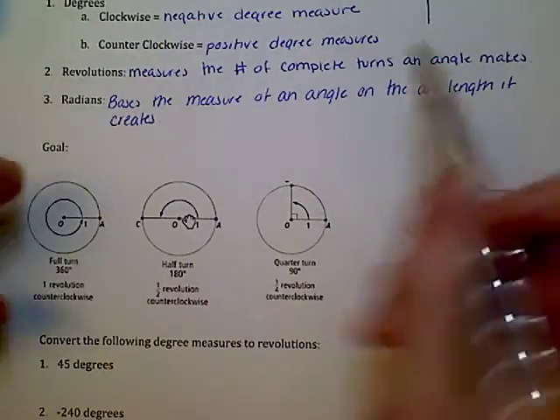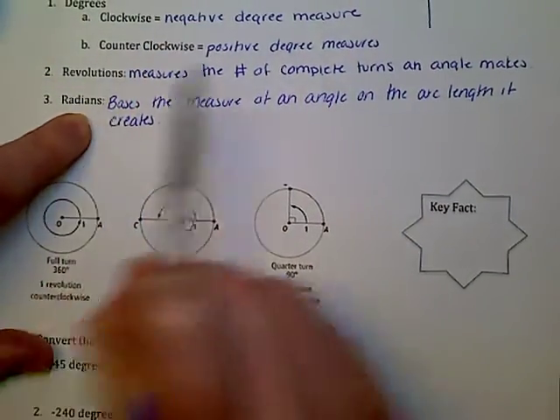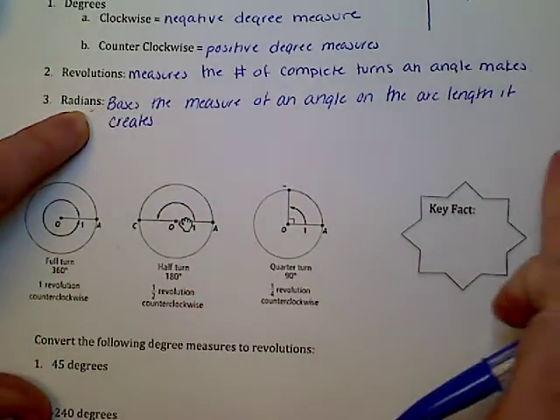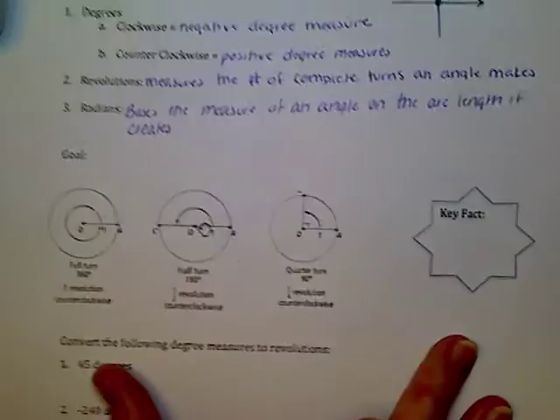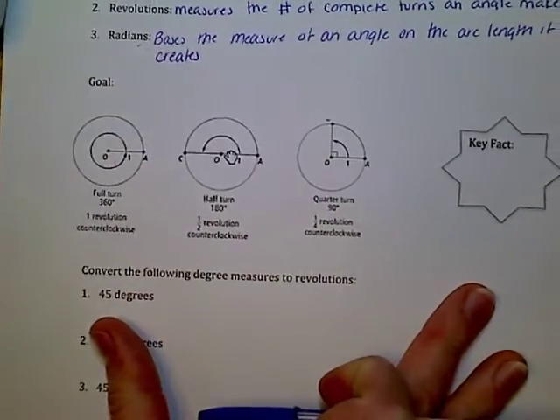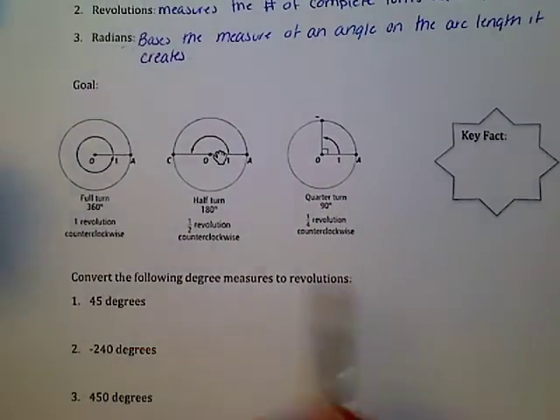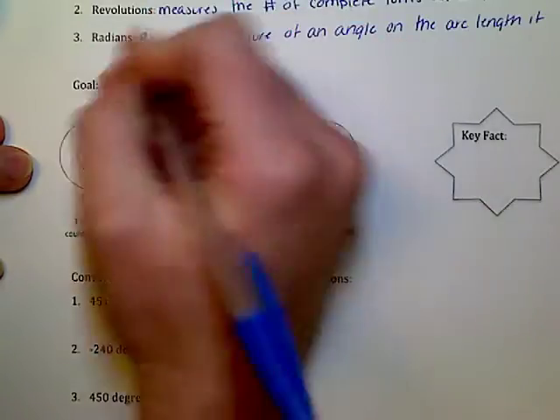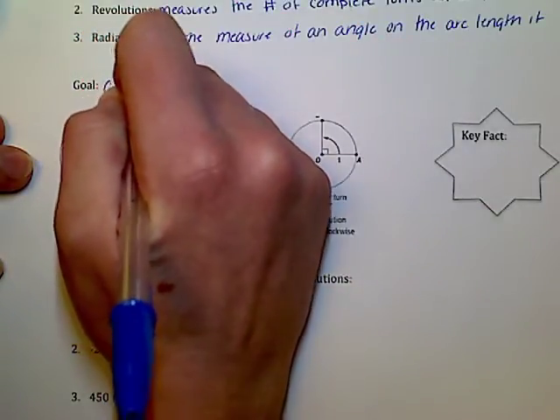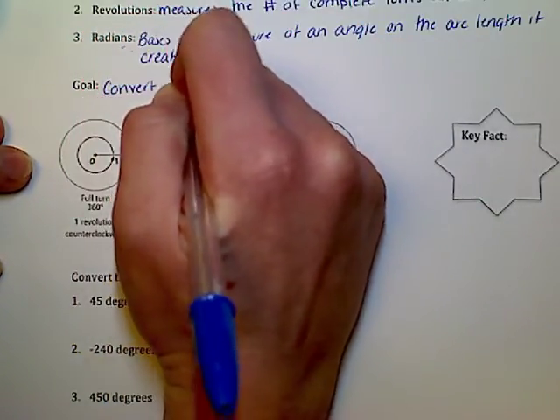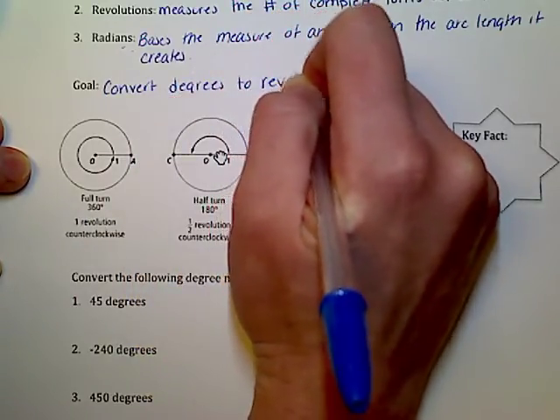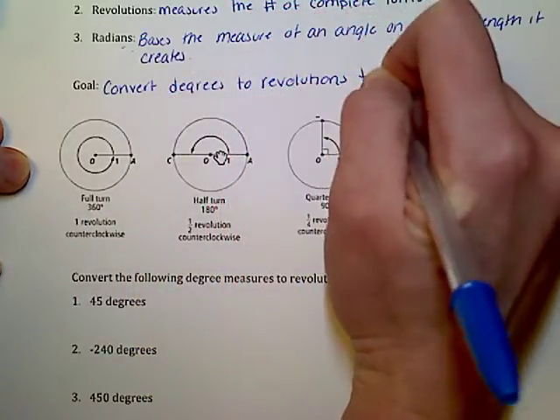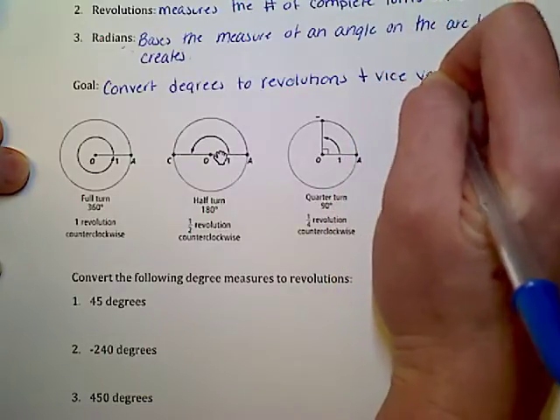And we'll actually be talking about that more in class, but you guys should be somewhat familiar with the term radians as well. So I have a couple pictures here, and they're going to help us achieve our goal. Our goal is to convert degrees to revolutions and vice versa.